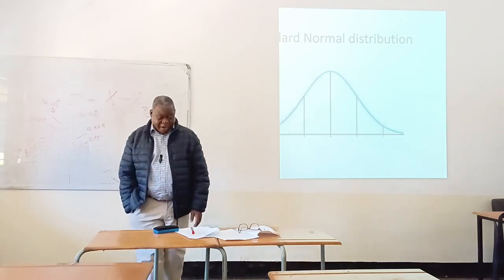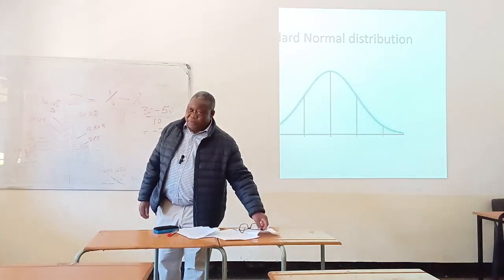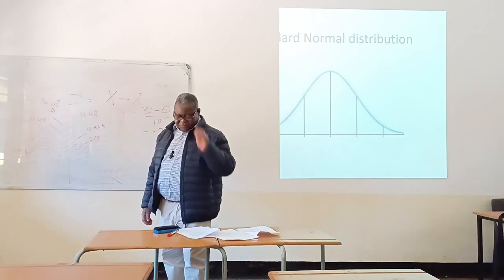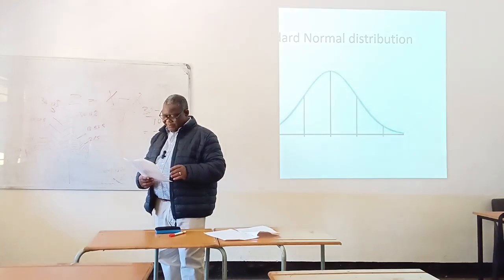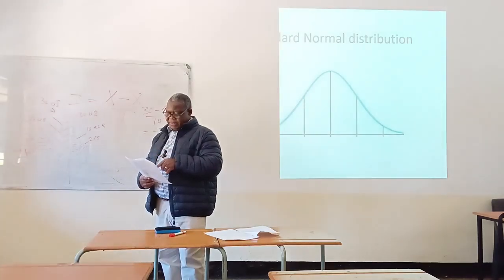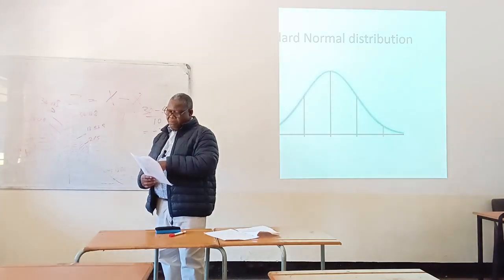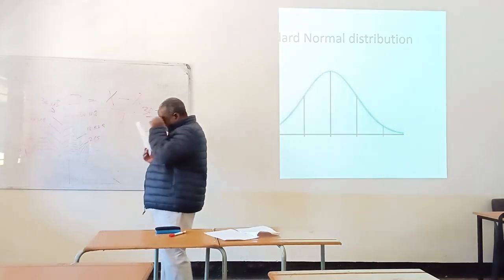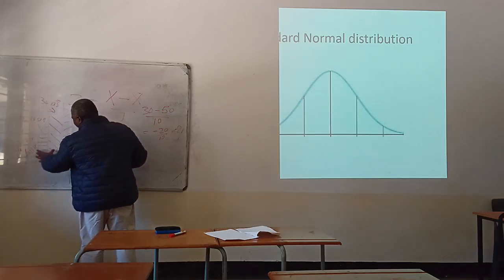Go to the extreme column number 3 under z-score 2. It says the area in the smaller portion, meaning if you look at that, this is the bigger portion.